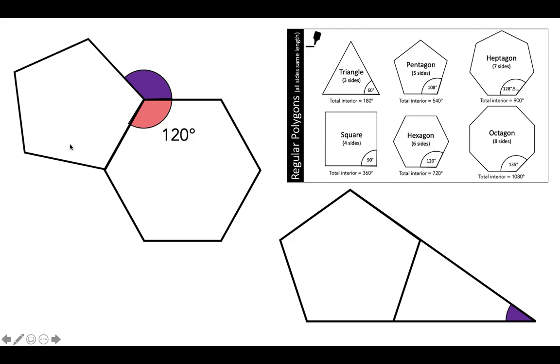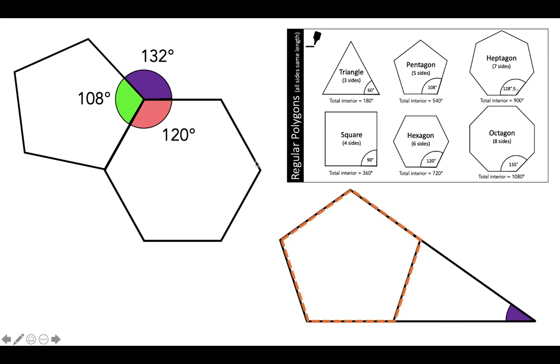The pentagon up here has an interior angle of 108. And what we can see here between the purple, the pink and the green is that we have a full turn. And we know that around a full turn, we have 360 degrees. Therefore, this angle here needs to be 132.